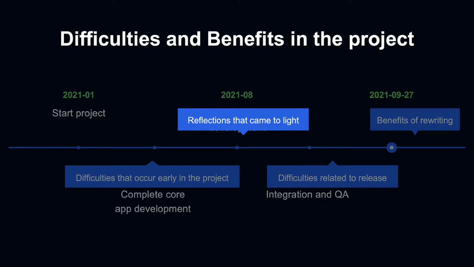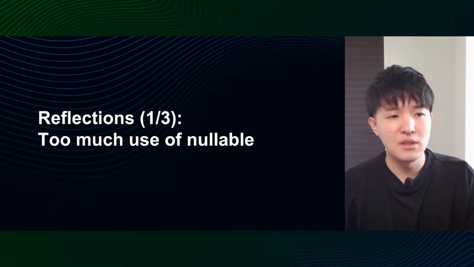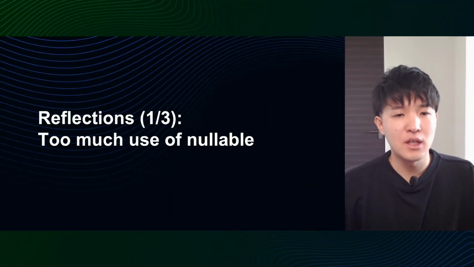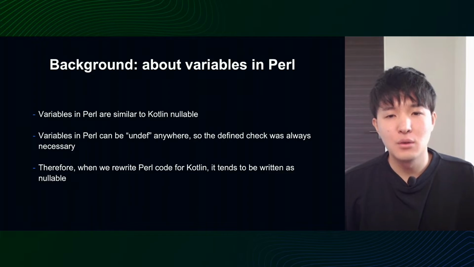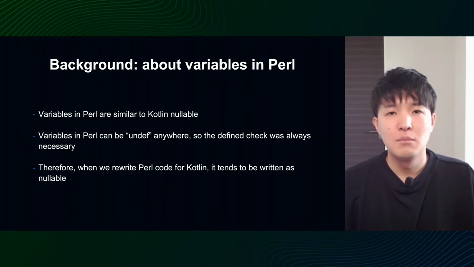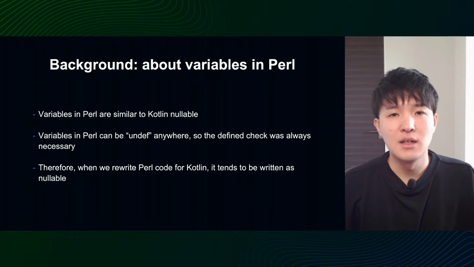So I talked about difficulties in the early stage of the project. And certainly there were lots of learnings as time went on. Now, one regret we have is that we used too many nullables. The background is that Perl's variables are like Kotlin nullables. Perl variables can become undef anywhere.